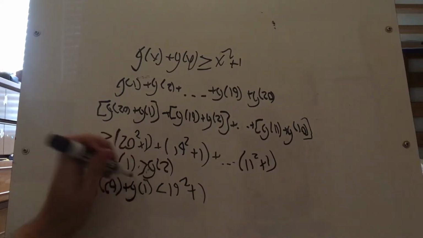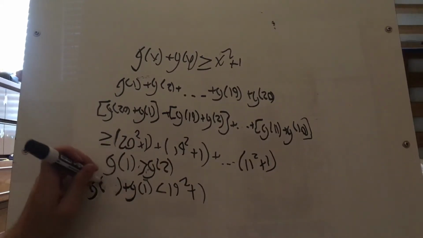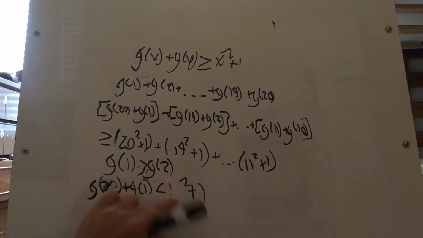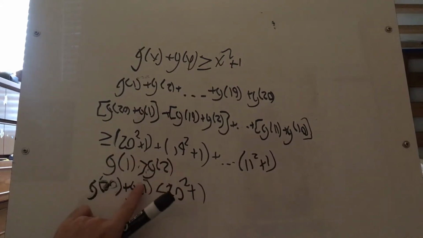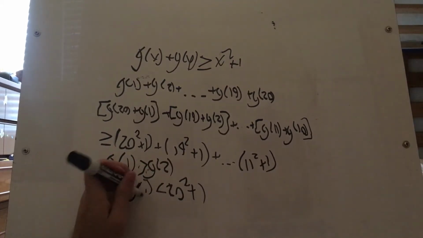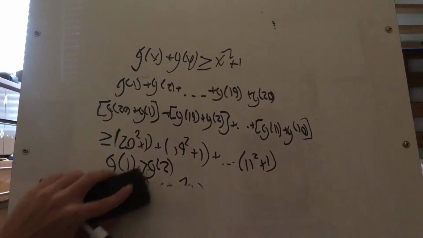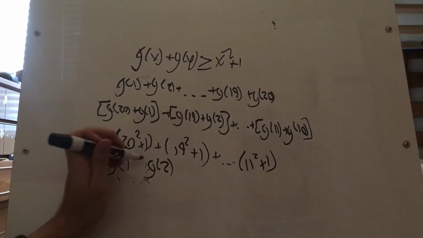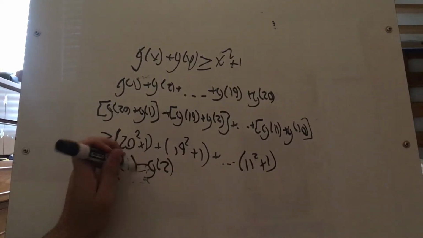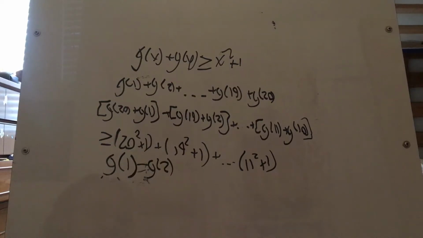If we flip this around, g of 20 plus g of 1 is equal to 20 squared plus 2. And since g of 2 is less than g of 1, g of 20 plus g of 2 is less than this, also a contradiction, which means g of 1 is equal to g of 2. Then we try the same thing with g of 1 and g of 3.